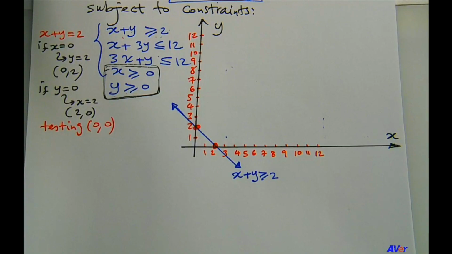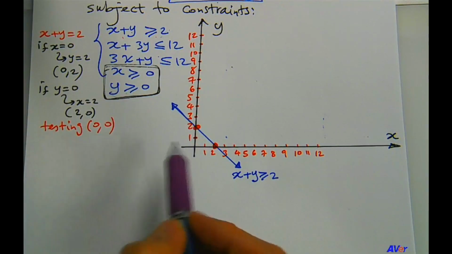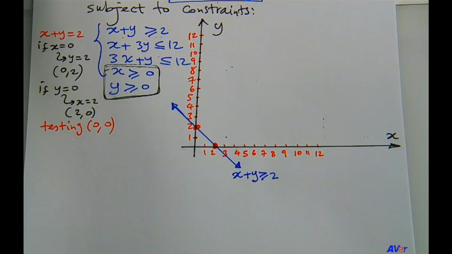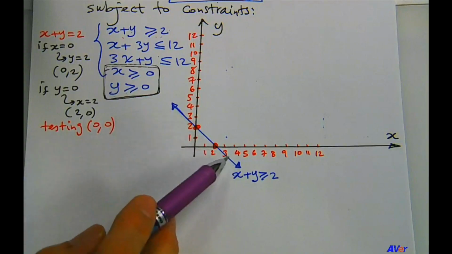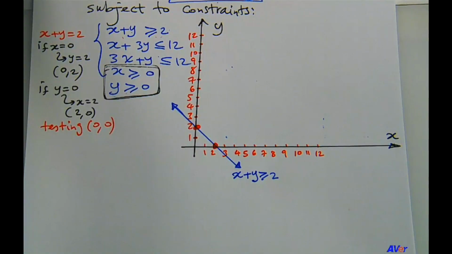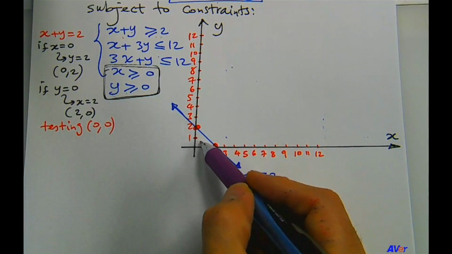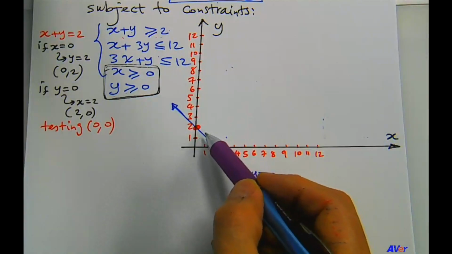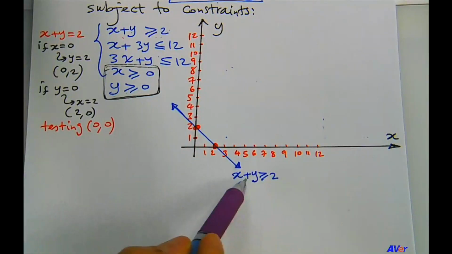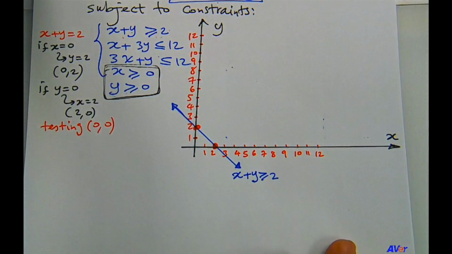So if a line goes through the origin and you pick 0, 0 as a test point, it's not going to provide you with any information about the solution, right? Because you are on the line, you already know where the line is. So you don't want to pick a point that is on the line. You want to pick any point that is off the line so you can plug it in and see if this inequality checks out. That's the idea, basically.